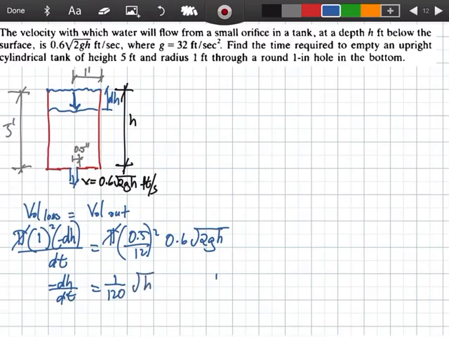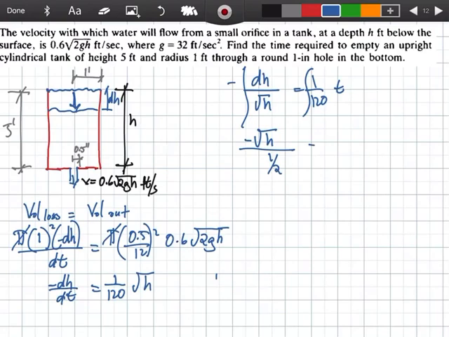Ngayon, ang gagawin natin, like terms, h to the negative 1/2 dh is equal to negative 1/120 dt, and then integrate natin yan, magiging square root of h over 1/2 equals negative 1/120 t plus c. Okay? So, magiging 2 square root of h is equal to negative t over 120 plus c.